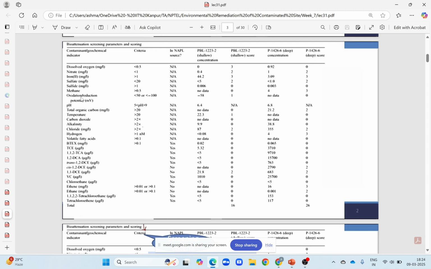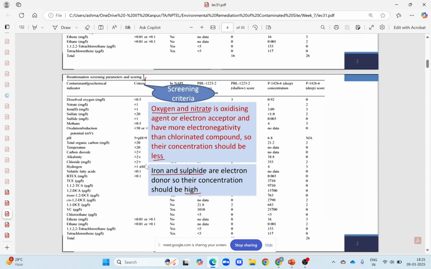For different parameters, different scores were given based on fulfilling the criteria. We have seen in week 6 that the concentration of other electron acceptor compounds, such as nitrate, sulfate, iron, or dissolved oxygen, was very low, so the pollutant present can act as an electron acceptor.